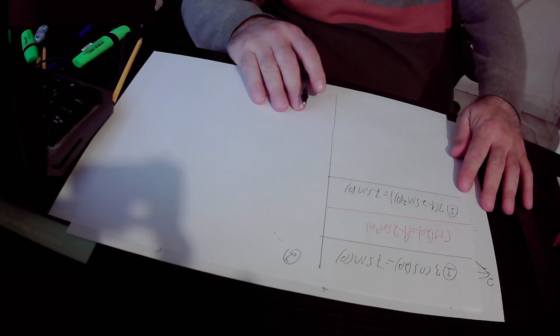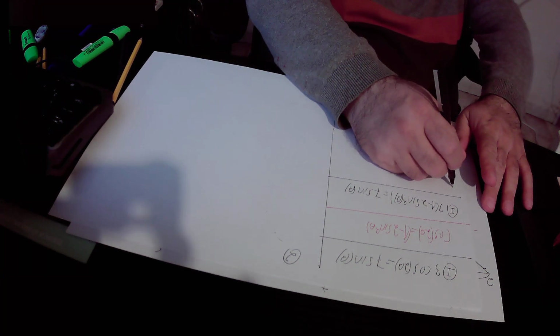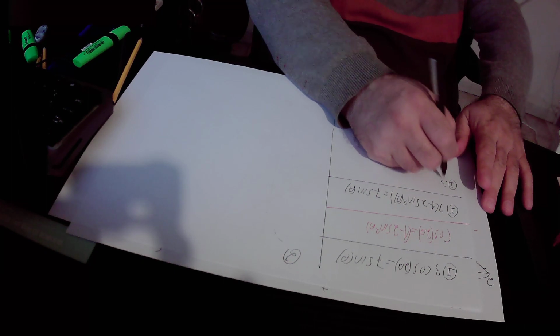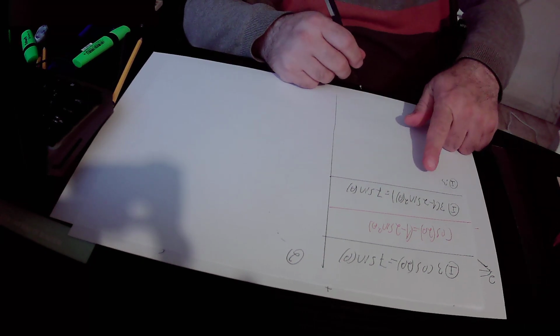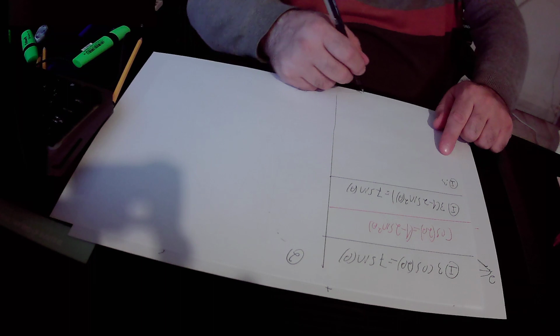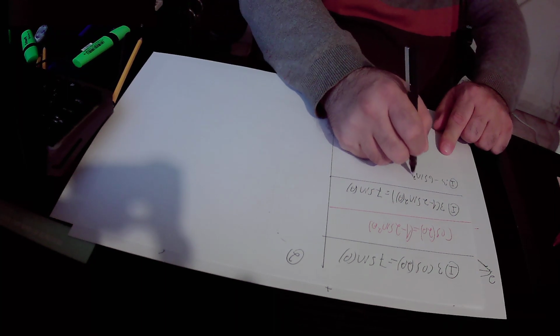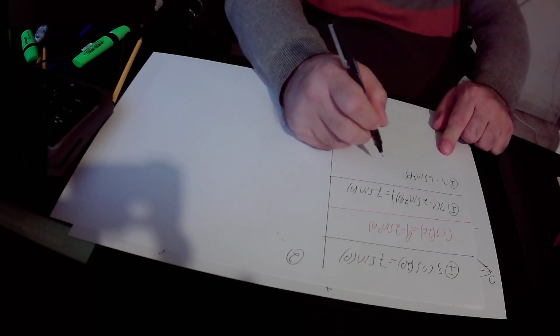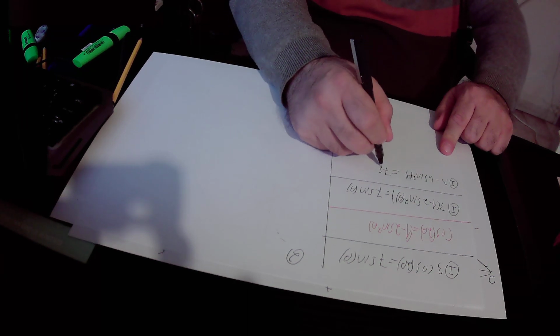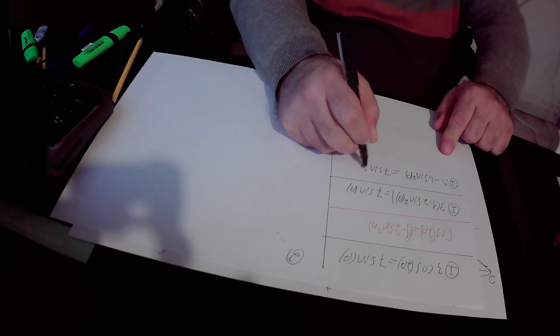So here, 3 times 1 is 3, and 3 times minus 2 sine square theta is minus 6 times sine square theta, that equals 7 times sine theta.